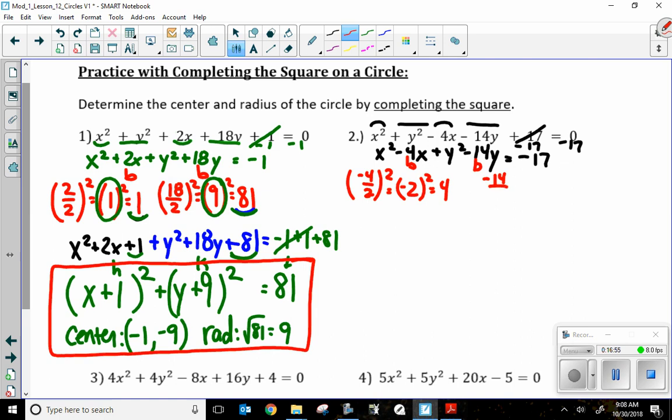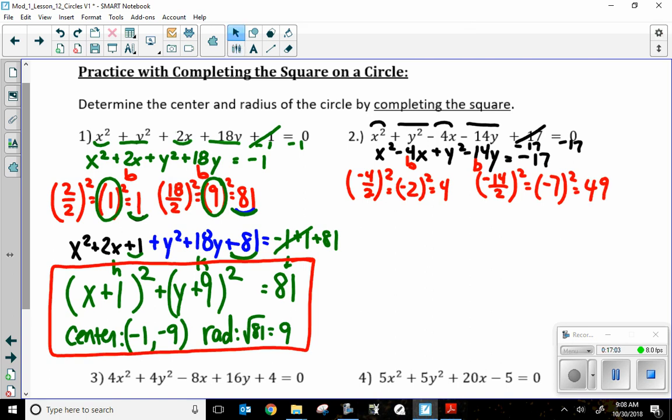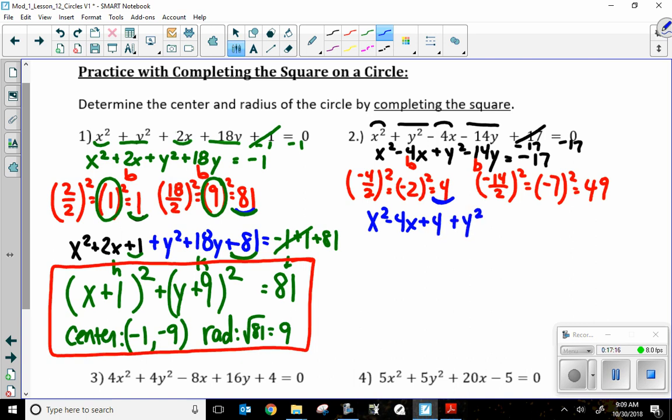Negative 14 for my y. If I cut that in half and square it, that's like negative 7 squared, which is 49. All right? Not too shabby. Let's rewrite this. I got x squared minus 4x plus 4, plus my y squared minus 14y plus 49 equals negative 17.